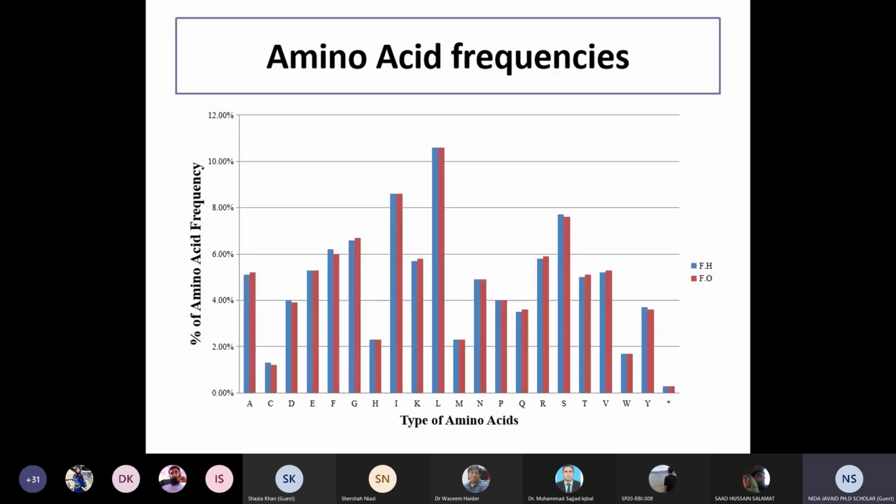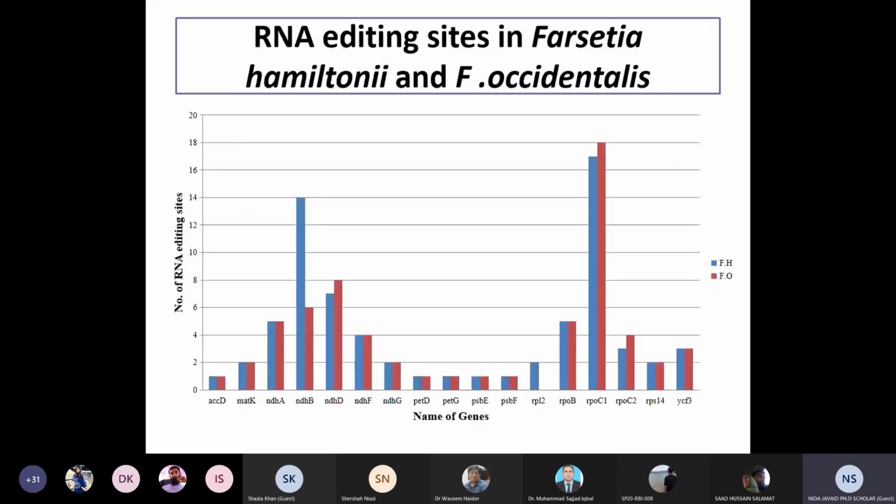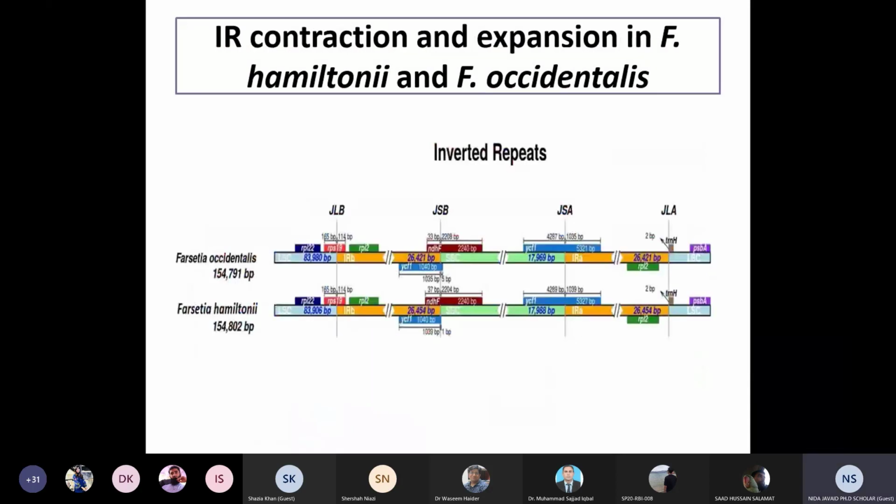Second is RNA editing sites in Farsetia hamiltonii and Farsetia occidentalis. The highest RNA editing sites were observed in rpoC1 in both species. Next, IR contraction and expansion. Here I have shown the regions of inverted repeats of both species. You may see the four junctions.